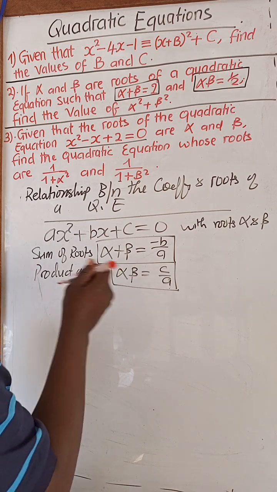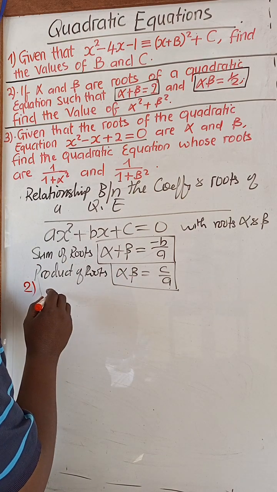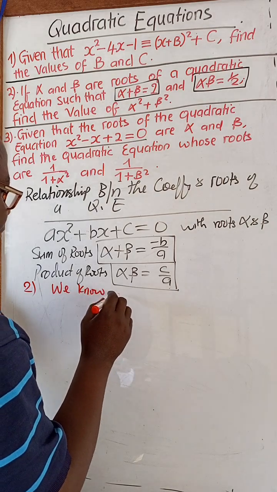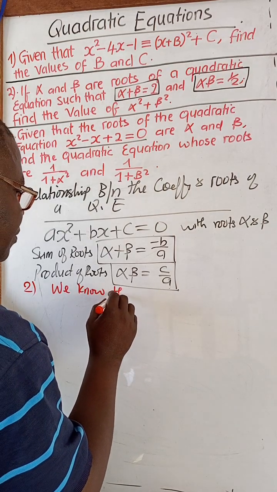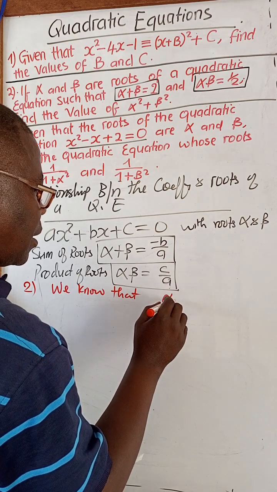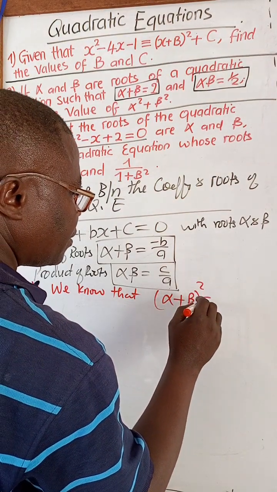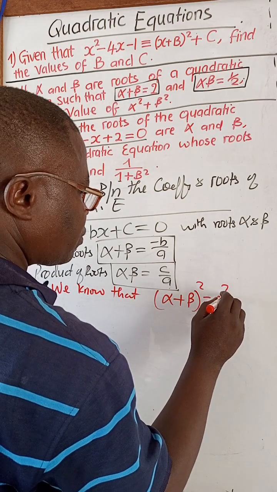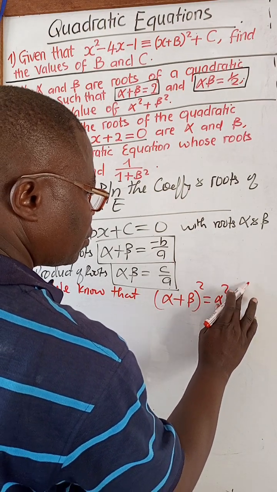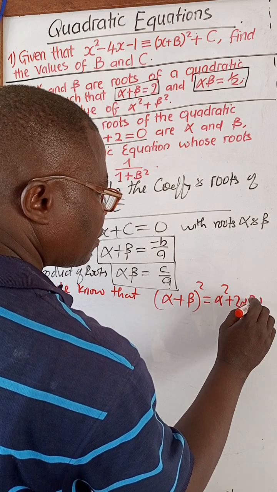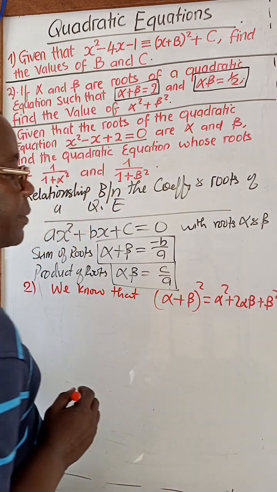Alright, so question 2, we know that alpha plus beta all squared is equal to alpha squared plus 2 alpha beta plus beta squared.